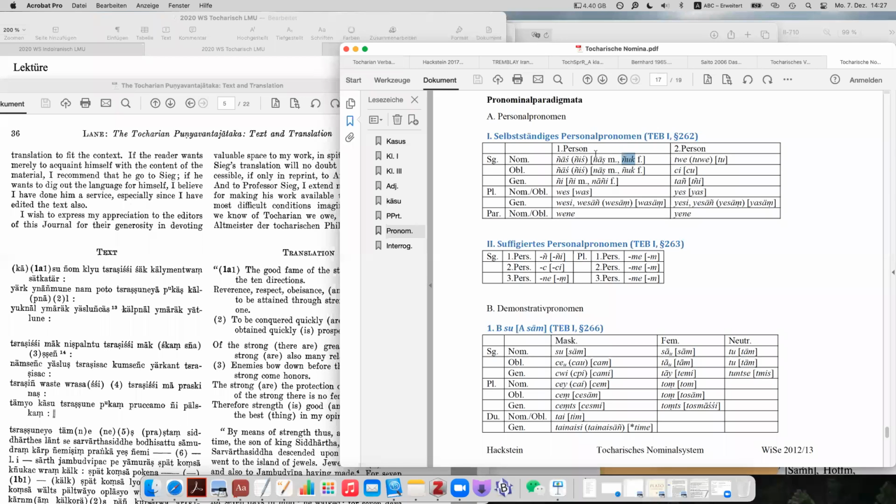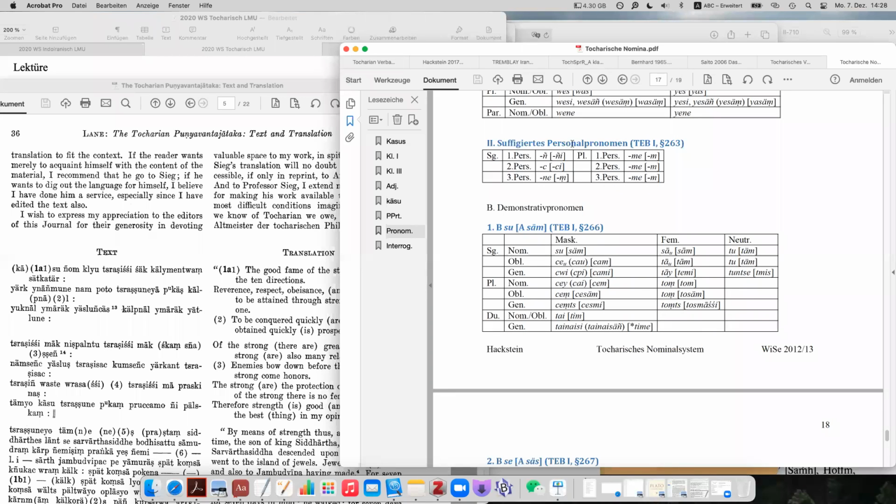This is a special case. It is not attested in other Indo-European languages. There's actually no good explanation for this phenomenon, a feminine singular first person.